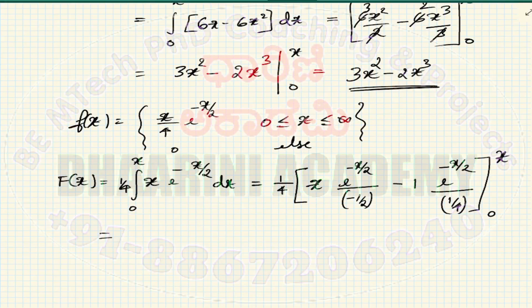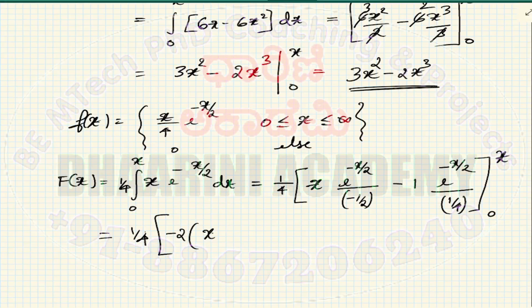So when we substitute these limits, we are going to get 1 by 4 times, the minus half in the denominator goes to the numerator as minus 2. This is minus 2 into, so substitution of x remains as it is.